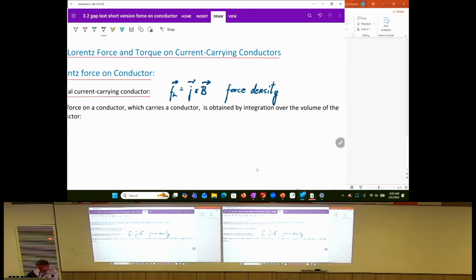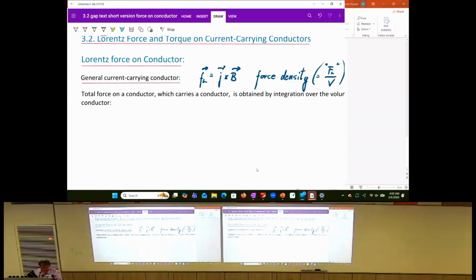It is of course Newton per volume, so you have to think of this as a Lorentz force per volume. It's a slightly new concept maybe.